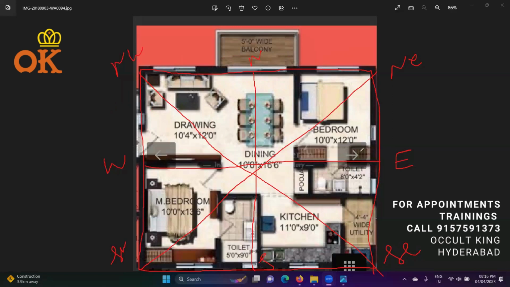Okay, friends, please remember, remedies are not the solution always. First of all, we should look for such a beautiful property that has very few Vastu doshas, and small remedies can definitely be done, and we can have a happy living in that property.